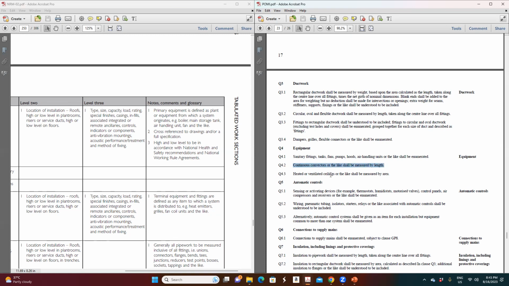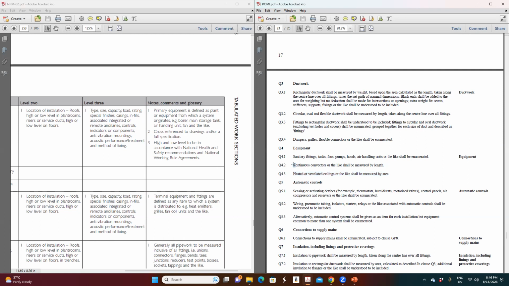Heated or ventilated ceilings and the like shall be measured by area. Heated or ventilated ceilings are like a kind of heating, but now you have to put grills and diffusers. I think this is talking about the diffusers.